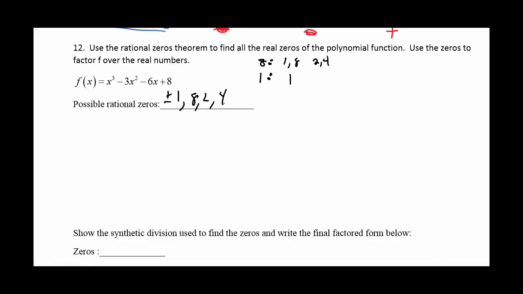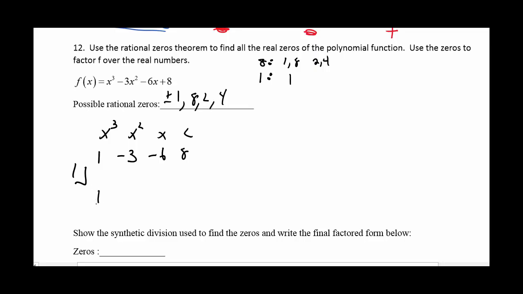Now, it is a cubic, so this is where I set up synthetic division. Let me set that up real quick. So 1, -3, -6, and 8. All right, and this is where I guess. I have 8 numbers. I'm just going to take a random guess, and I'm lazy, so I'm going to start with 1 and see if 1 will work.